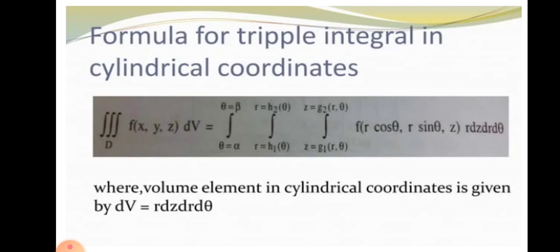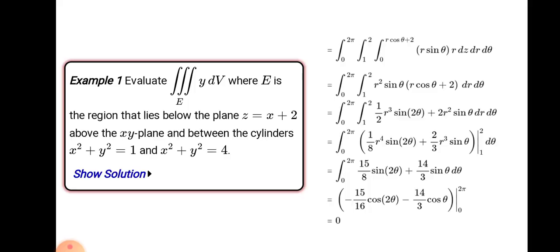The volume element in cylindrical coordinates is given by dV is equal to r dz dr d theta.